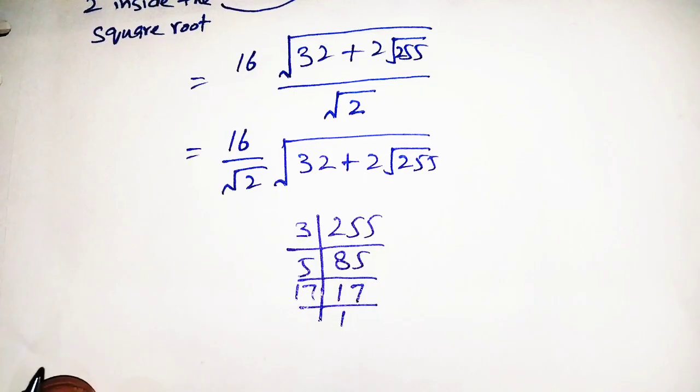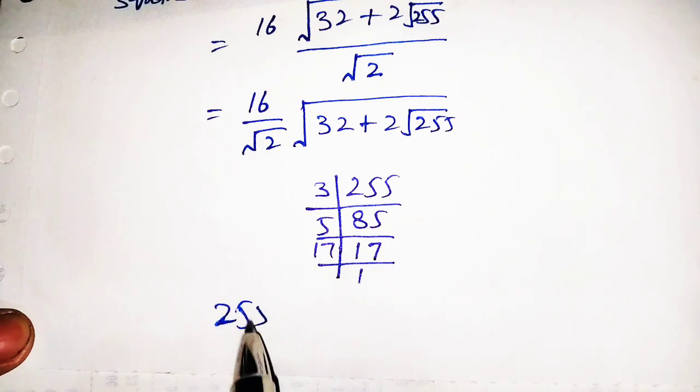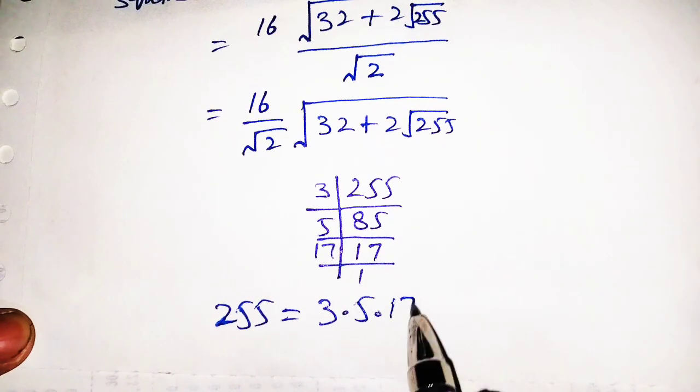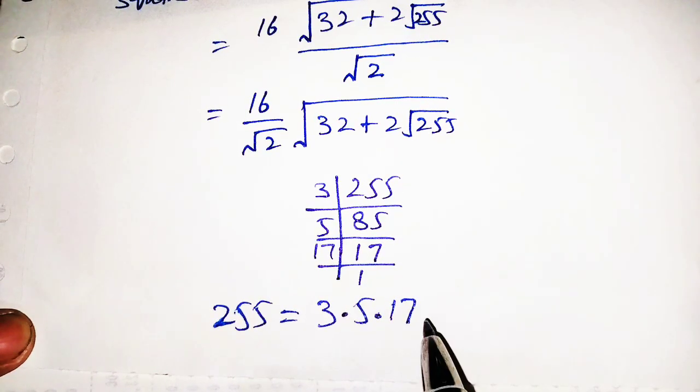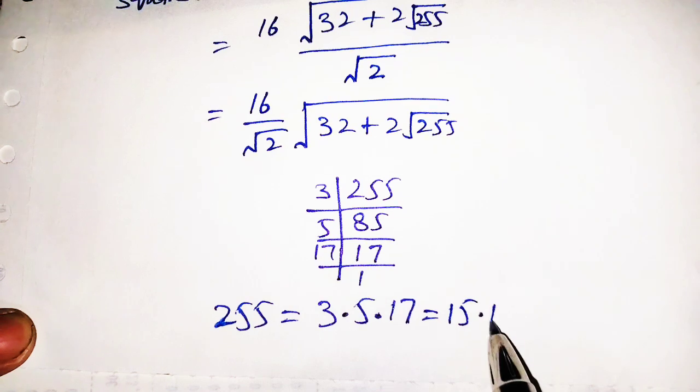So the factors of 255 are as, 255 is equal to 3 times 5 times 17, or we can write it as 5 into 3 is equal to 15 times 17.